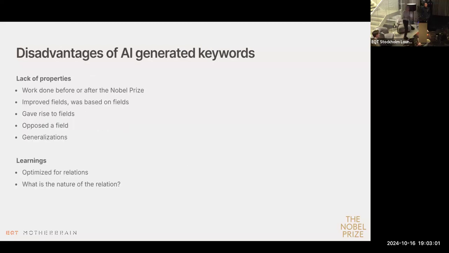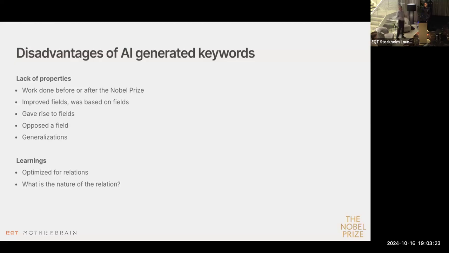The other difference that we found, looking at keywords that got a rather low rating by them, was that, okay, this is not associated directly to the reason why they were awarded the Nobel Prize. It could be work done before they were awarded the Nobel Prize.